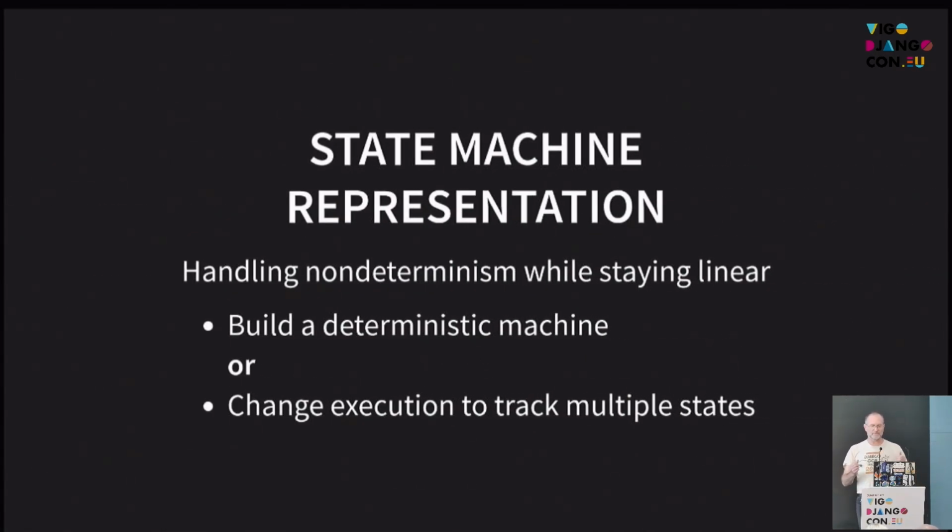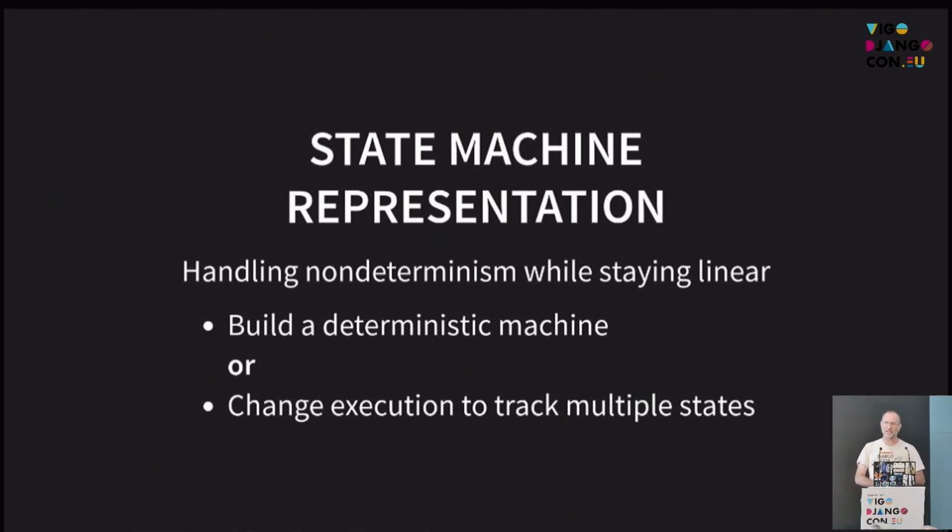So, how do we deal with non-determinism? There are at least two known ways to handle non-determinism while keeping the execution time linear. The first is to build an equivalent deterministic machine. That is a regular state machine, and that is done by multiplying the states. I won't get into details, but this is always possible.